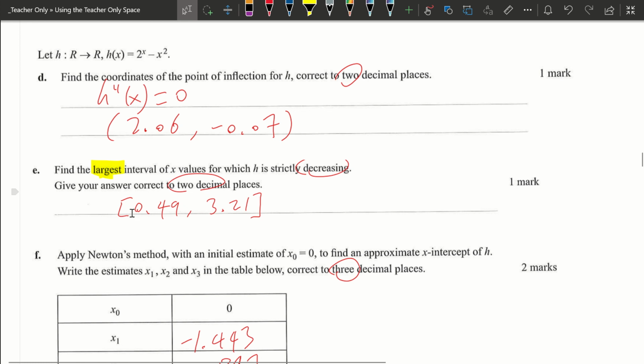Largest interval, which means the 2 points are included. You should include those 2 points because strictly decreasing, and here's the keyword, strictly decreasing, doesn't care about derivative.